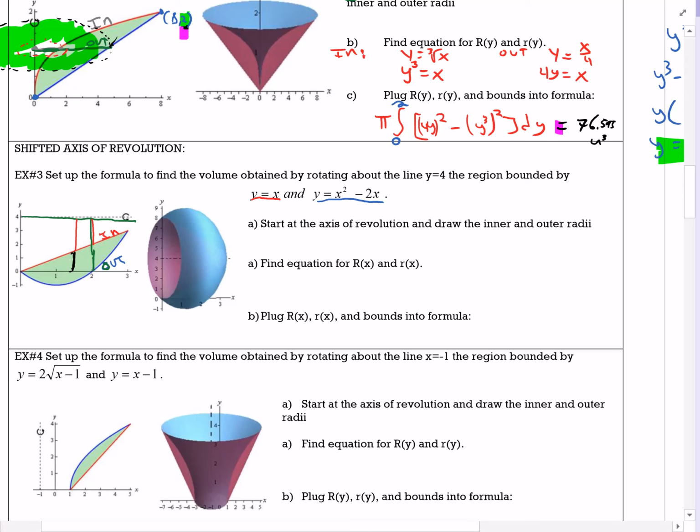So we have to figure out how we find that distance, because that's going to be the radius. If you think about it, the whole distance from the x-axis up to this line is 4, and we want to subtract off that black piece, which is the function value. So really our inner radius here is 4 minus our function.